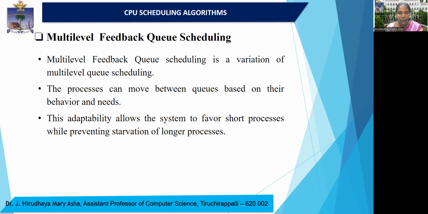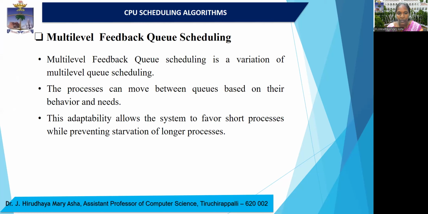The process can move from front to back based on its needs. This moving adaptability allows the system to favor short processes while preventing starvation of longer processes.